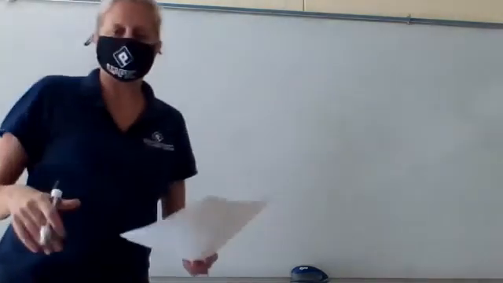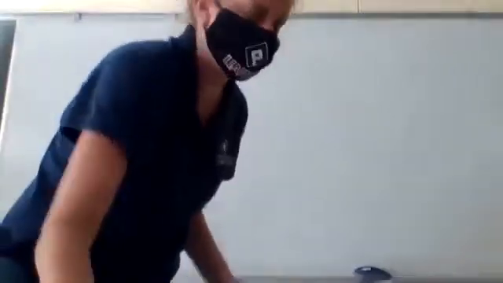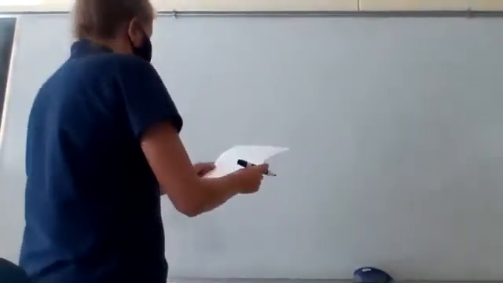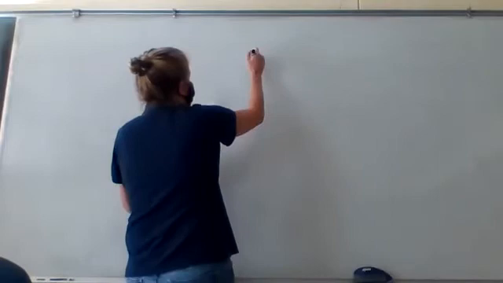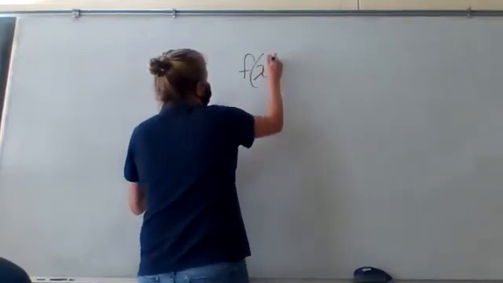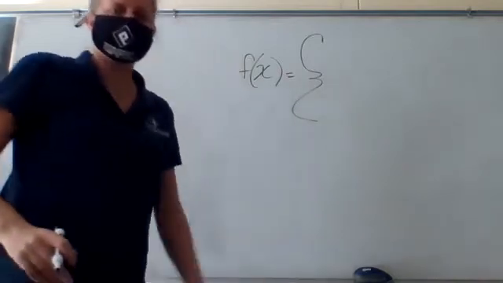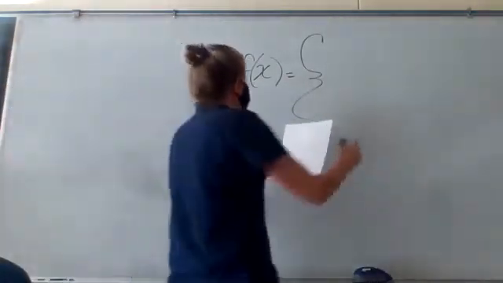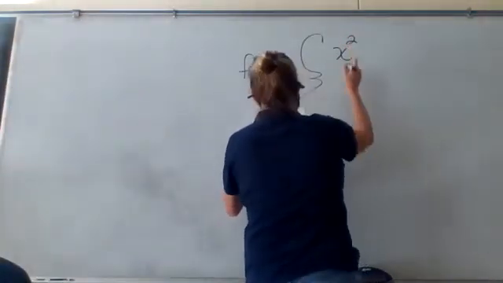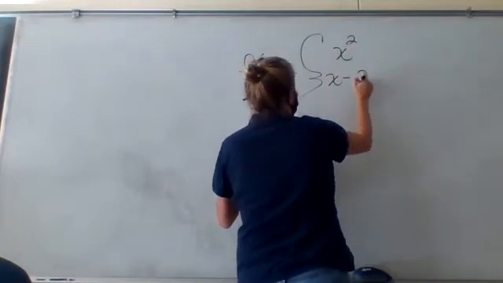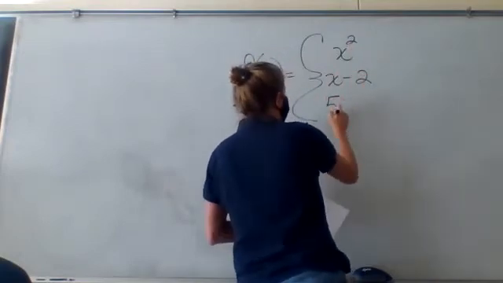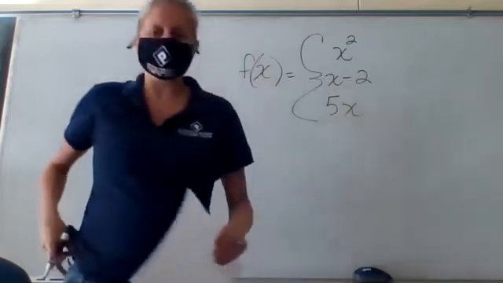And then I'm going to do the rest of them, but I'm going to work 19 and 23 back to back. Number 19 gives us a piecewise function, and it says f of x equals, and then it has three different pieces. One piece is x squared, one piece is x minus 2, and one piece is 5x.